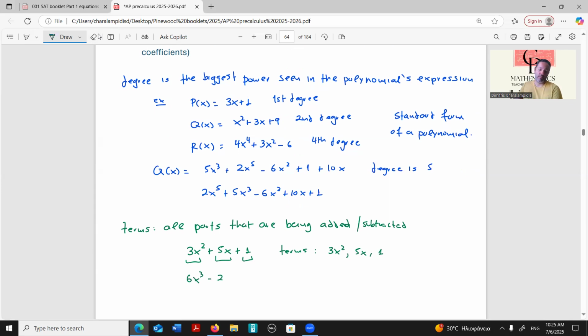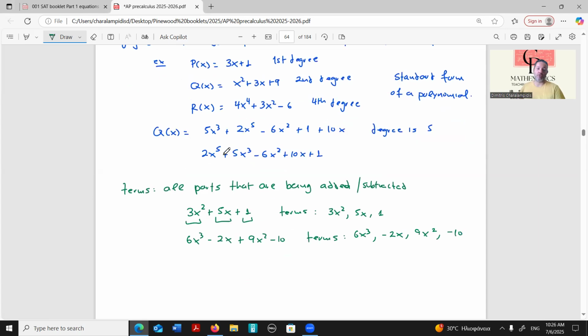6x cubed minus 2x plus 9x squared minus 10. The terms here are 4. We have 6x cubed, the first one, negative 2x, the second one, 9x squared, the third one, and negative 10, the last one.